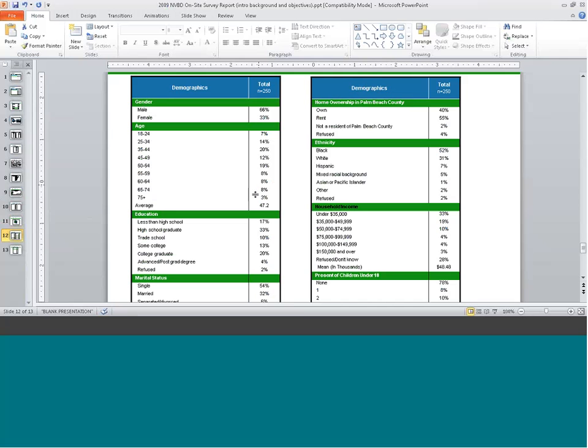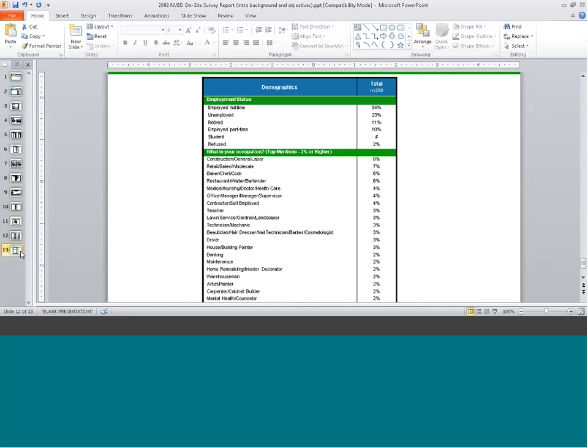So maybe you put household income and education together. Maybe you put ethnicity and marital status and male, female together. Anything that makes sense to group together, but again, this is way too much to be on a page. So your demographics should be 5 or 6 pages where you just keep them separated, okay?